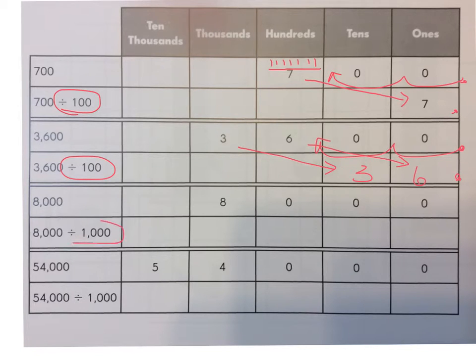Dividing by 1,000 makes me go 3 places, 1, 2, 3. So that meant the decimal went 1, 2, 3 places to the left. So move the decimal left 2 places for 100, 3 places for 1,000.